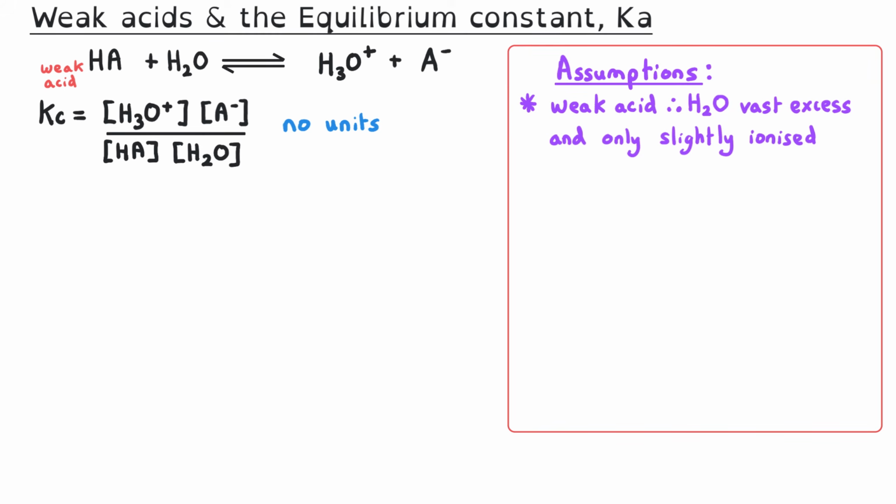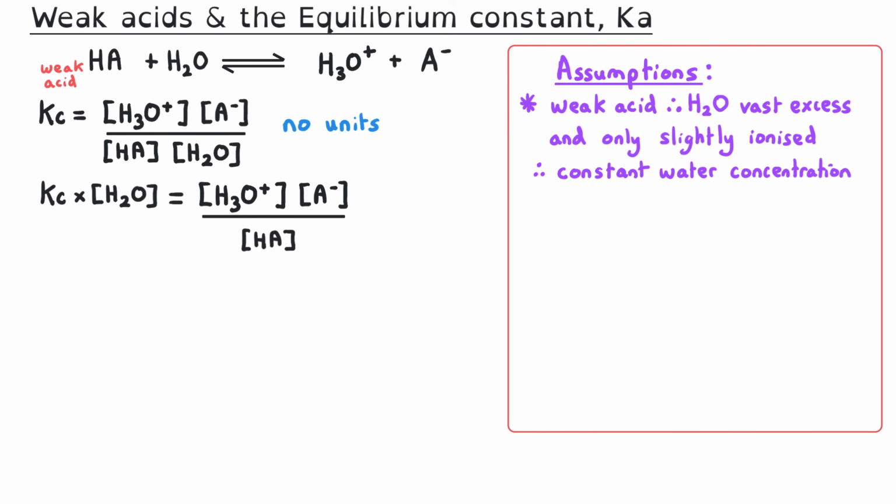And so that means that the water concentration will be approximately constant when compared with the water concentration before equilibrium was reached. And since the water concentration is constant, we can move it up onto the left-hand side next to the Kc expression, and we can combine those together to produce one constant, which we call Ka.